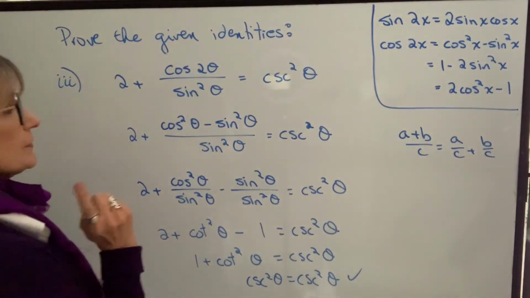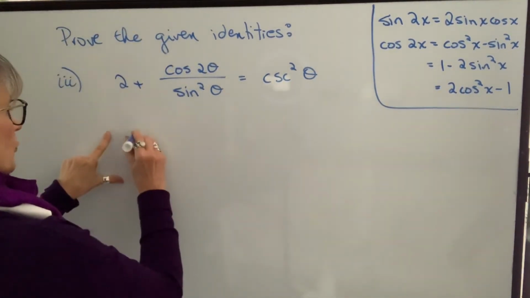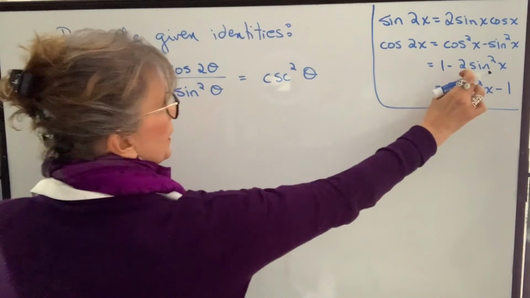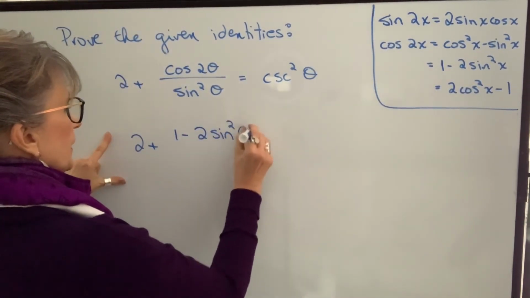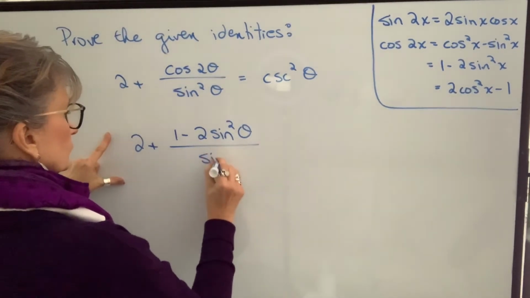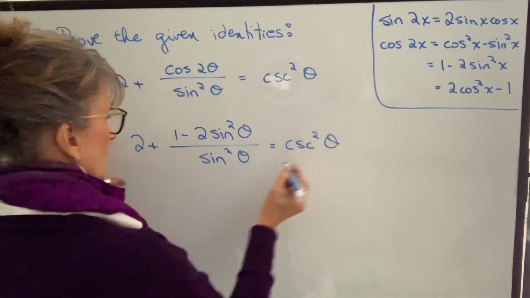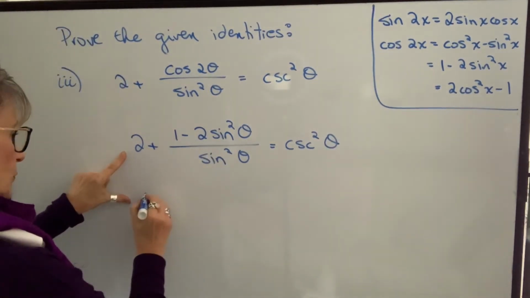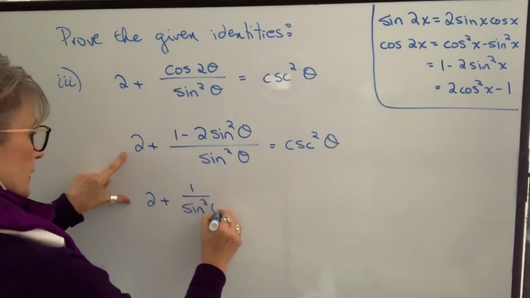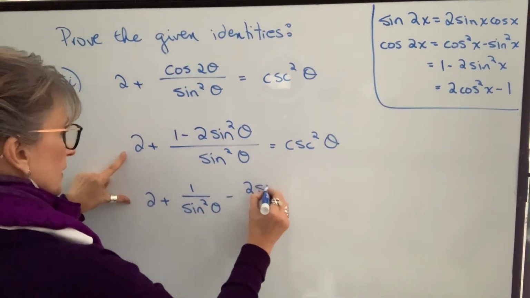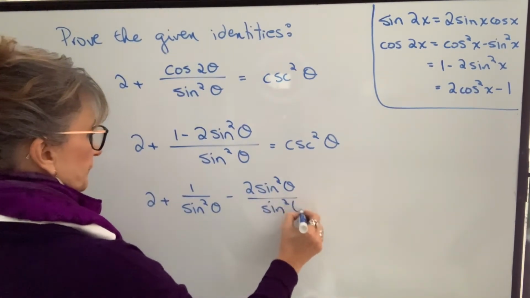However, let's do this question again, and let's use this second one. So I'm going to replace cos of 2θ with 1 minus 2 times the sine squared of θ. I'm going to again break up those terms in the numerator, so that will be 1 over sine squared θ minus 2 times sine squared θ over sine squared θ.